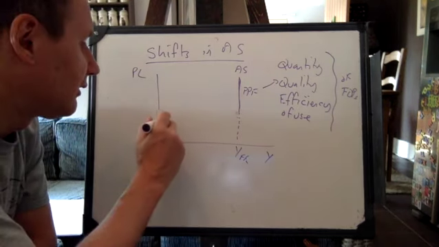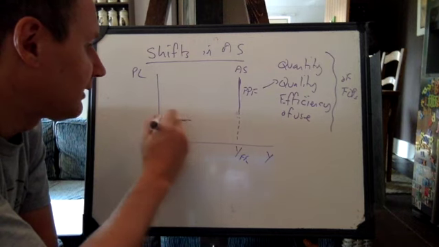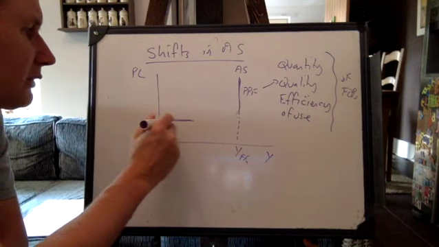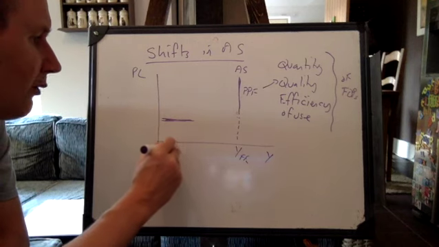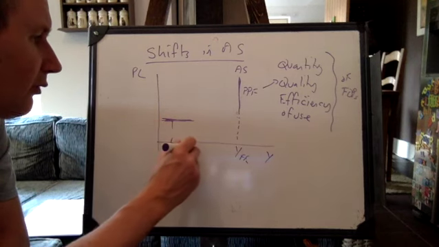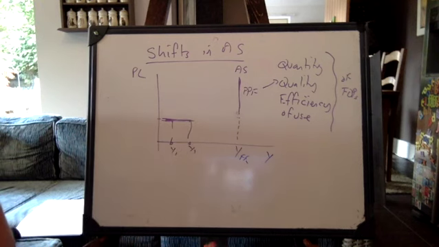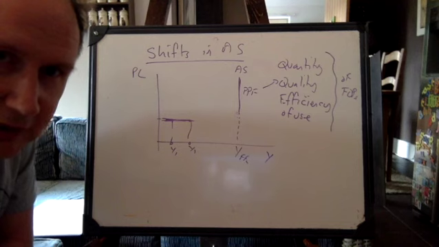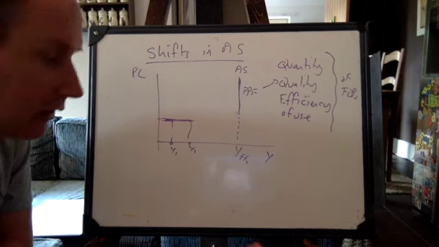We also said that there's a horizontal bit of our aggregate supply function. What that's saying is that for Y1, or Y2, there is a minimum price level that firms or the economy will need before that output can actually occur.